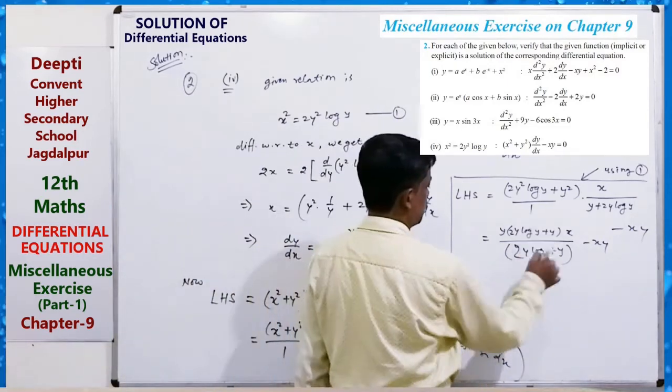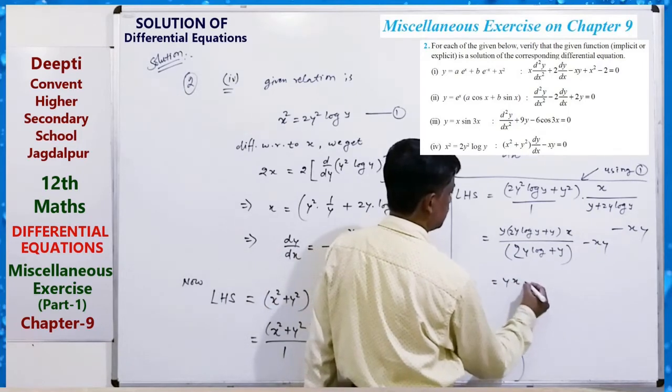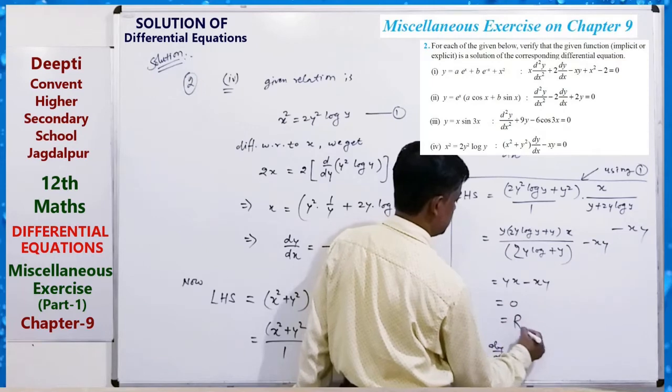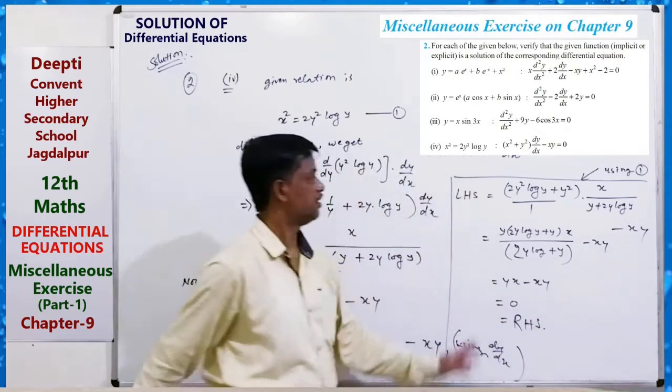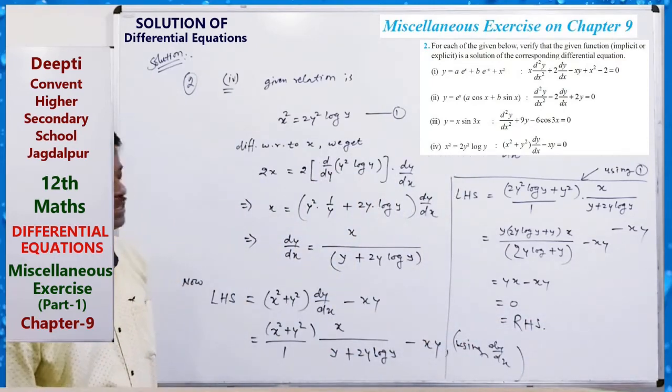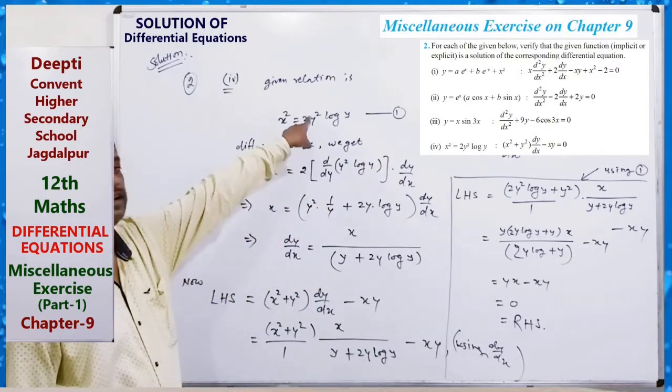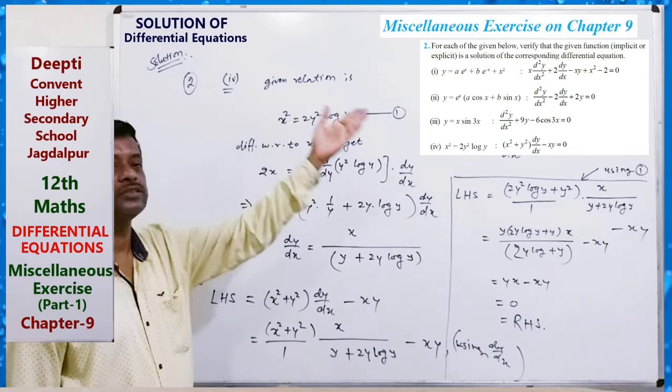Now these two are cancelled, we get xy minus yx minus xy. This is equal to 0, which is equal to the right hand side. This means left hand side equals right hand side. Satisfied for this relation. That is, the given relation is a solution.